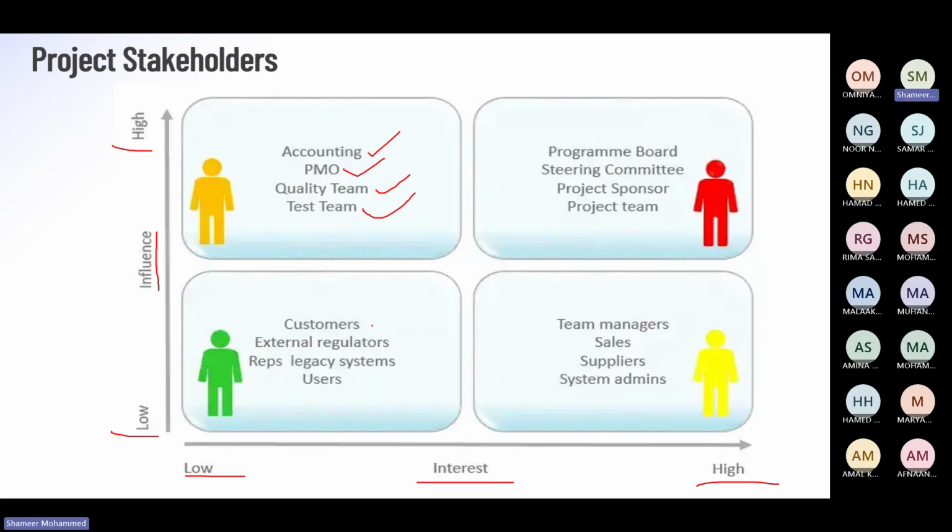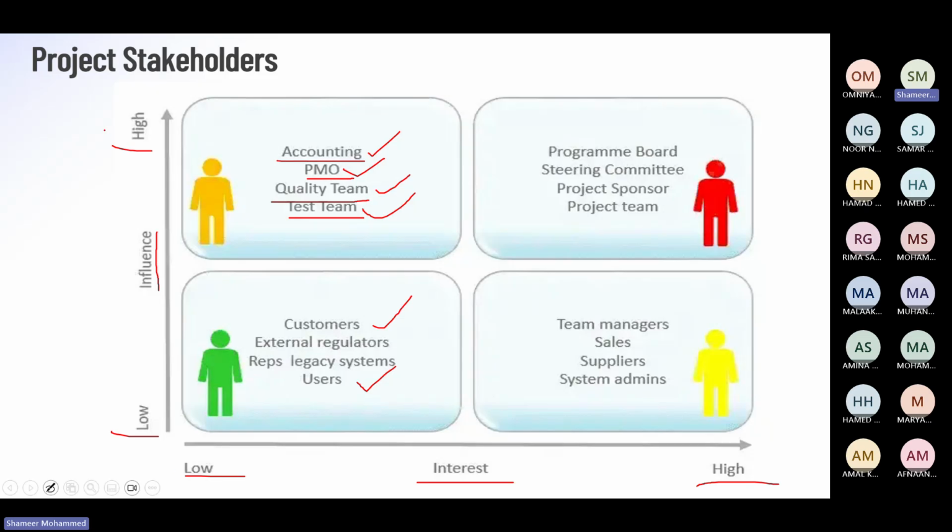See here, customers and users. They have low interest, low influence. But see the project management officer, testing team, quality design team, accounting team. They have what?